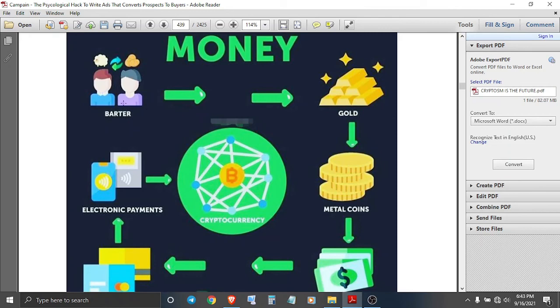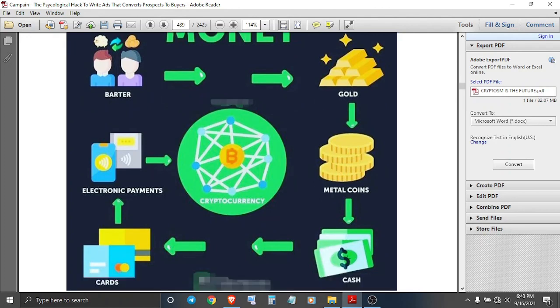So we went from barter trade, like I said, yam, rice and corn. I have rice, and you have corn, we exchange it. We went from that to gold, from gold to cash.